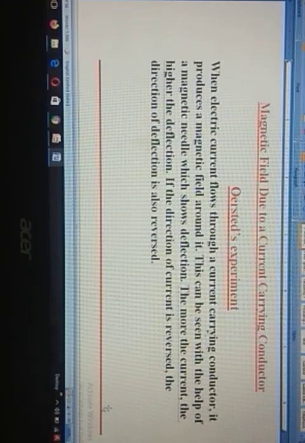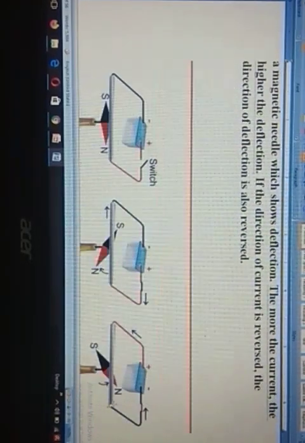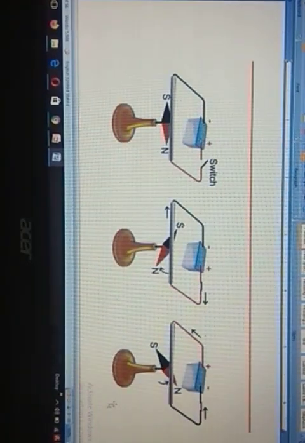First of all, I am going to start an experiment done by Oersted. In this experiment, Oersted observed that when an electric current flows in a wire, the needle of the compass deflected. The needle of this compass is itself a small magnet.